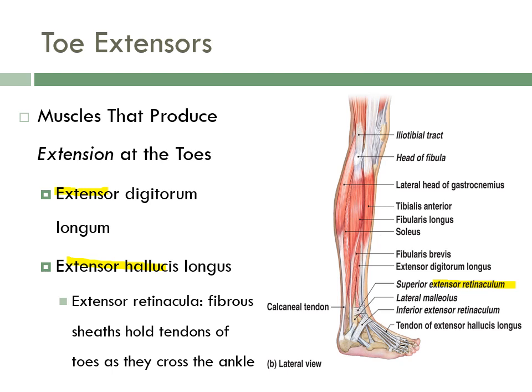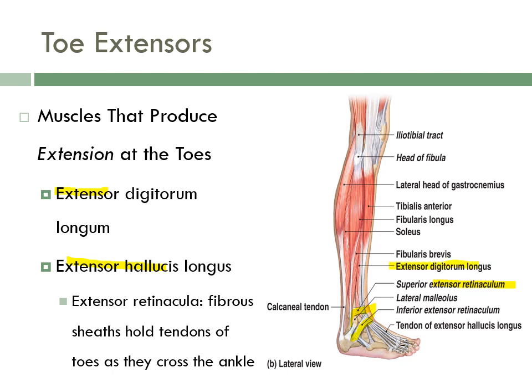However, we only have it on the anterior surface. We have a superior and inferior retinaculum, versus in the wrist, we have an anterior retinaculum and a posterior retinaculum. So an extensor retinaculum and a flexor retinaculum. In the ankle, we only have extensor retinacula.